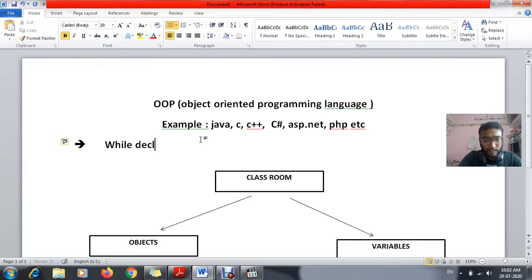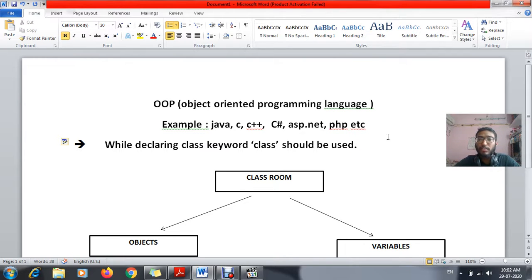While declaring a class, the keyword class should be used. This is the first thing while declaring a class.